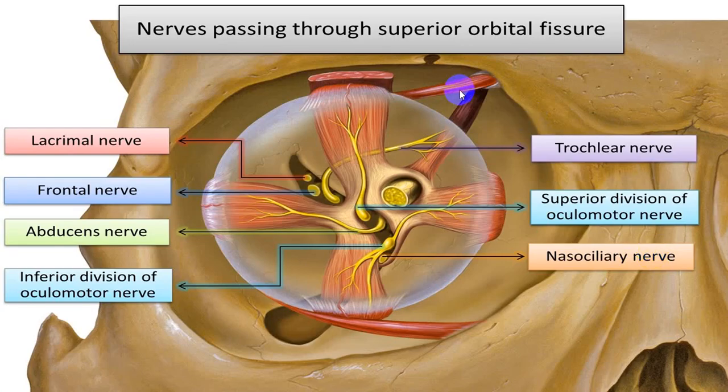After coming out, they pass through the superior orbital fissure and then supply the different muscles. The trochlear will be supplying an extraocular muscle, and the oculomotor nerve will be supplying, along with extraocular muscles, also the levator palpebrae superioris.